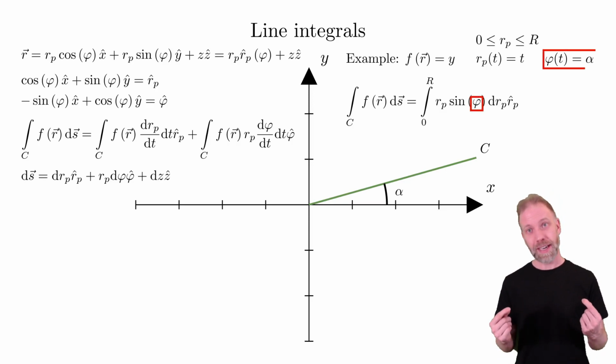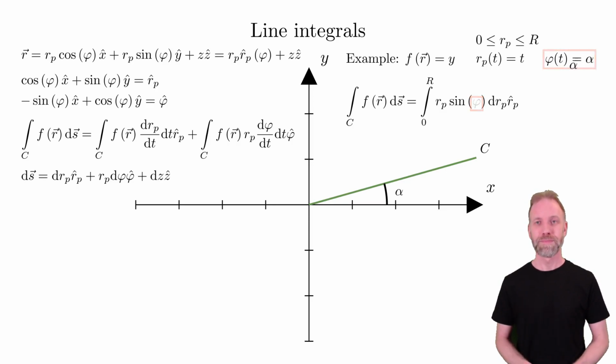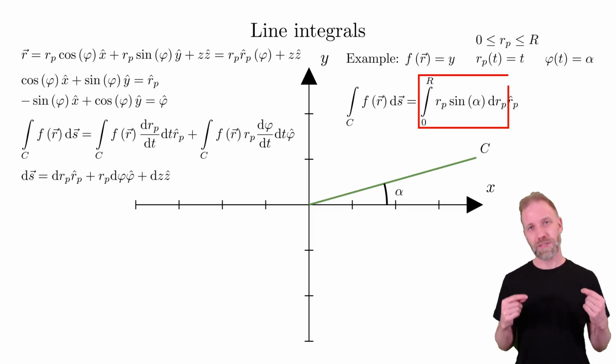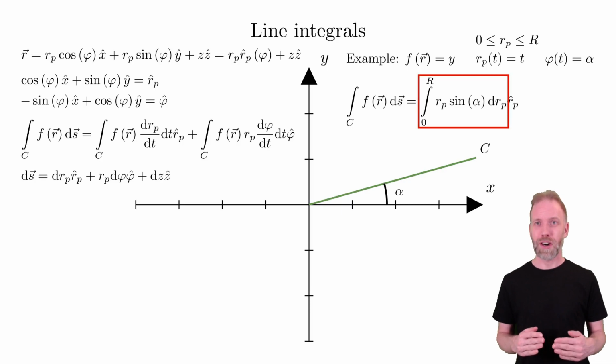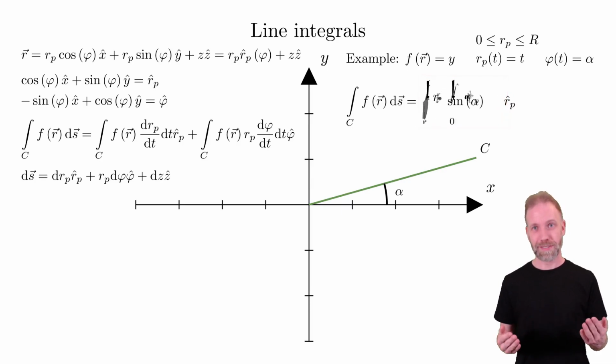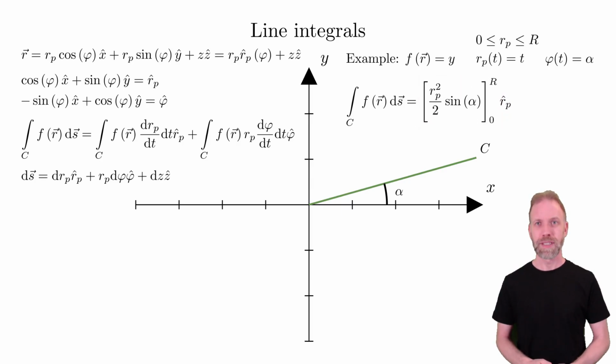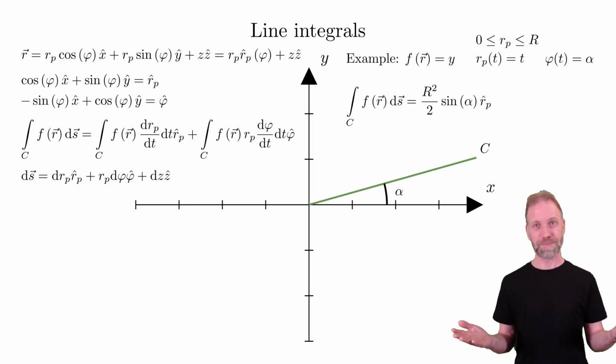Insert the value for phi. And solve the integral, which becomes ρ squared over 2 times sine alpha. Then insert limits. And we have solved our first example.